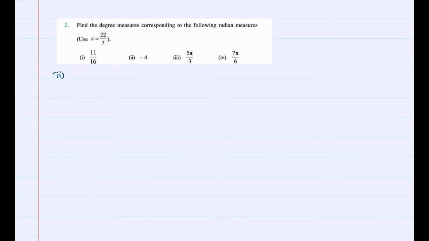The second subdivision, minus 4 radians. To convert it into degrees, we will multiply by 180 upon pi. Pi value is 22 over 7. 360 times 7.